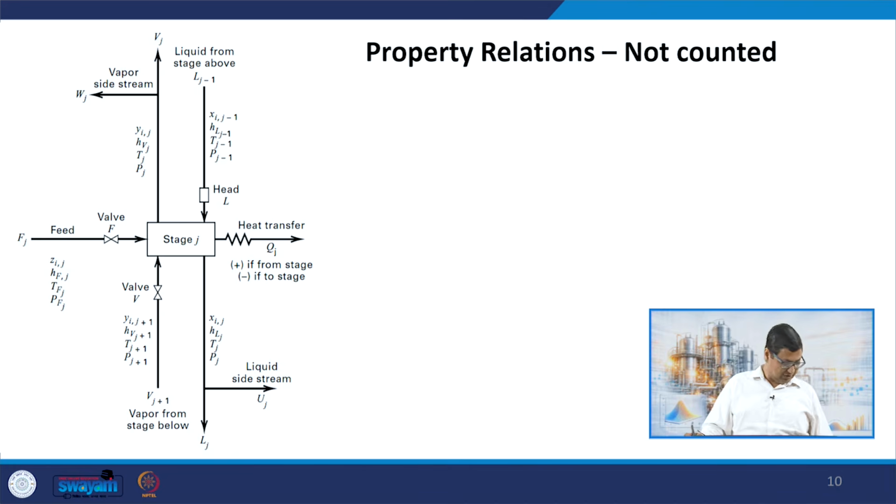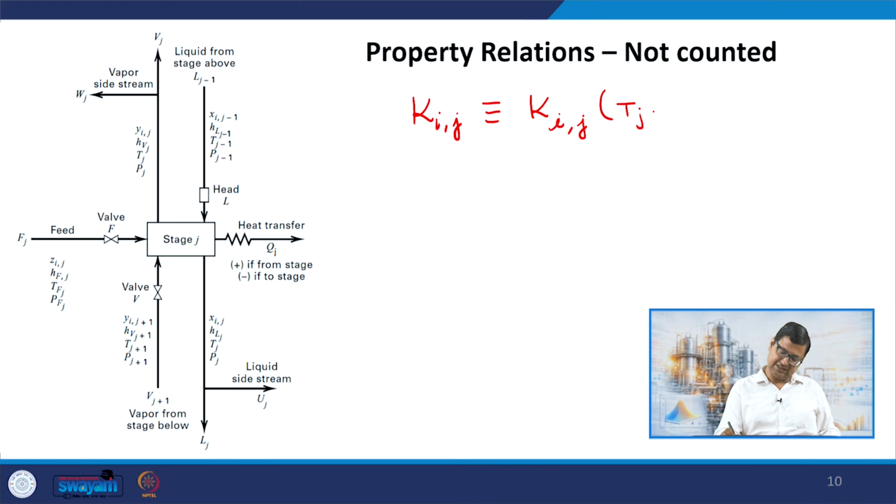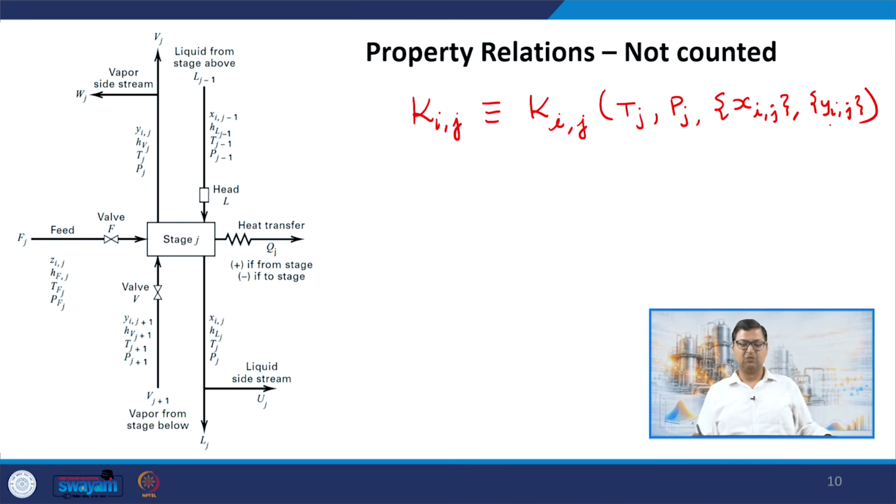So in addition to that, we also are going to have property relations. So we have all these Kij's. What do the Kij's depend on? They can be considered a function of the temperature of the stage, the pressure of the stage, and the composition of the stage, which is my xi and yi values, whatever we are having for the particular stage, right?